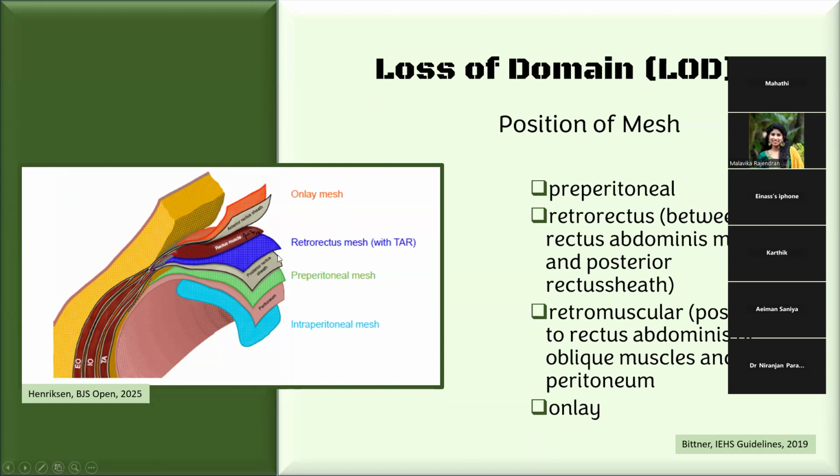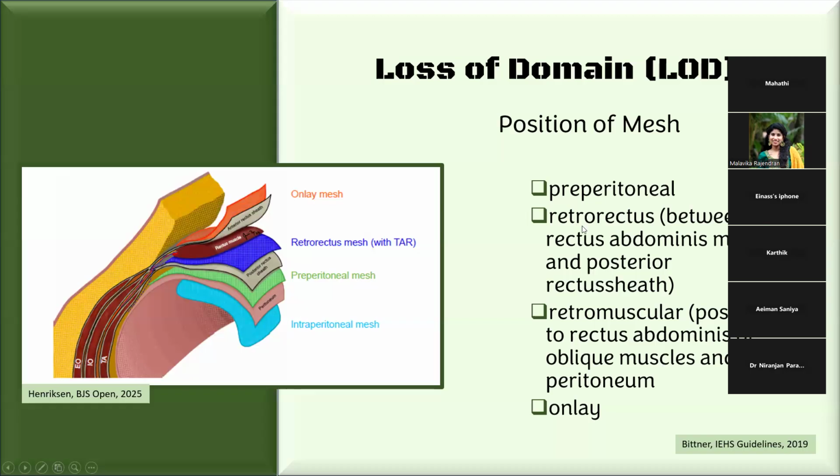Retrorectus mesh, as compared to the pre-peritoneal, is sitting behind the rectus muscles. Okay. And obviously, once you go lateral to the rectus sheath, you can't call it a retrorectus anymore. You'll have to call it a pre-peritoneal, or there's one other name for it.